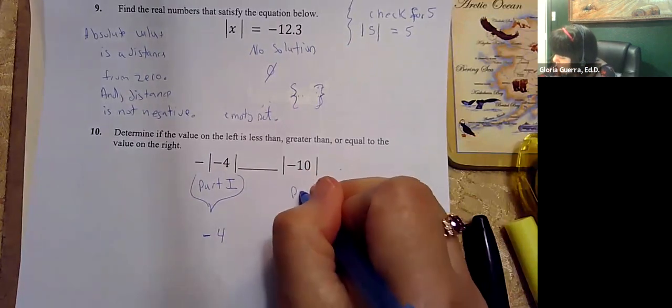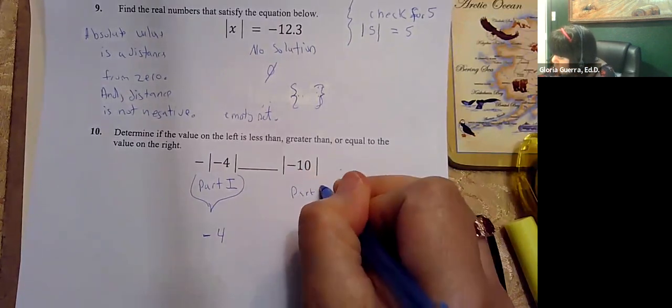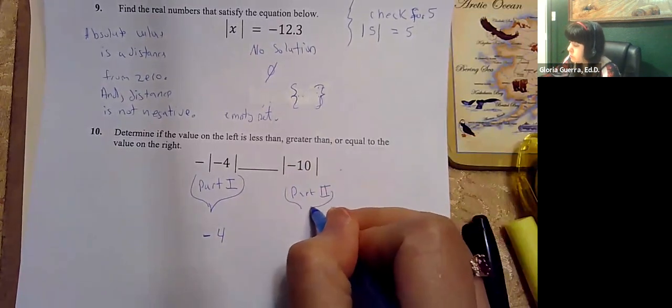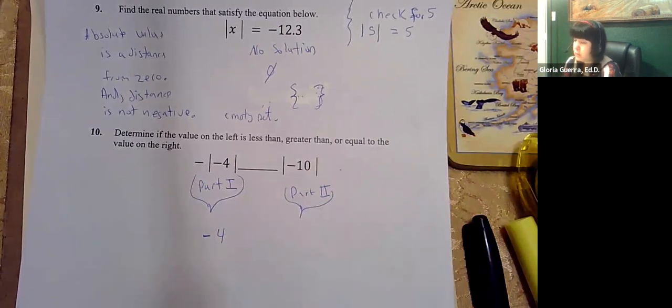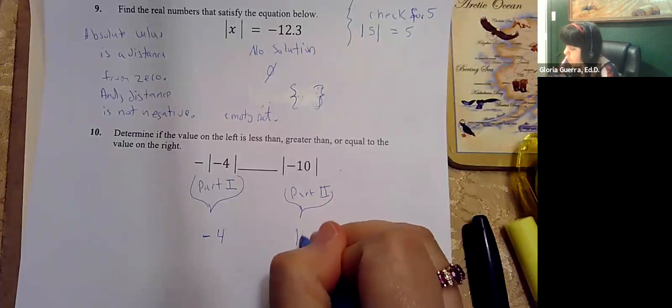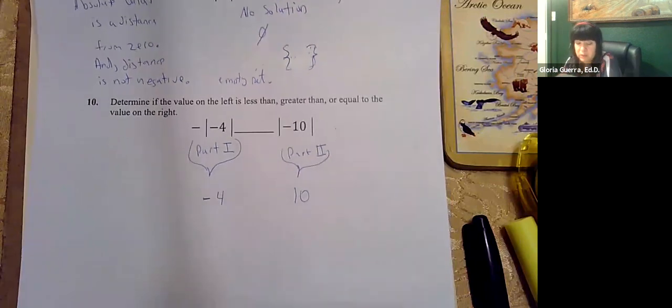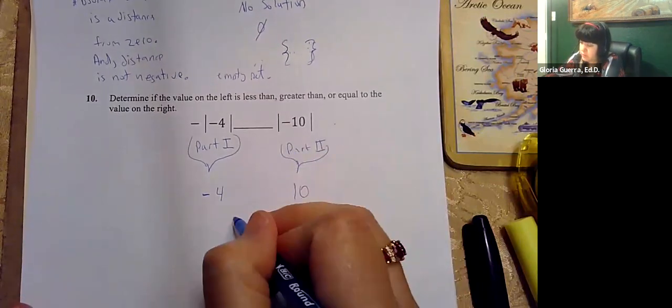And then you have part 2. What is the absolute value of -10? That's just 10. Now we're comparing -4 to 10. -4 is what in comparison to 10?